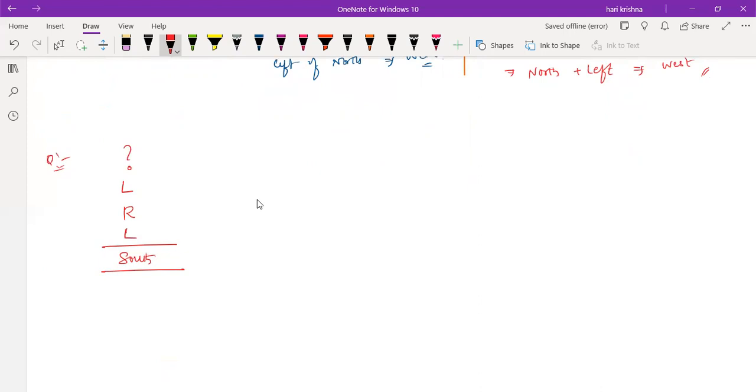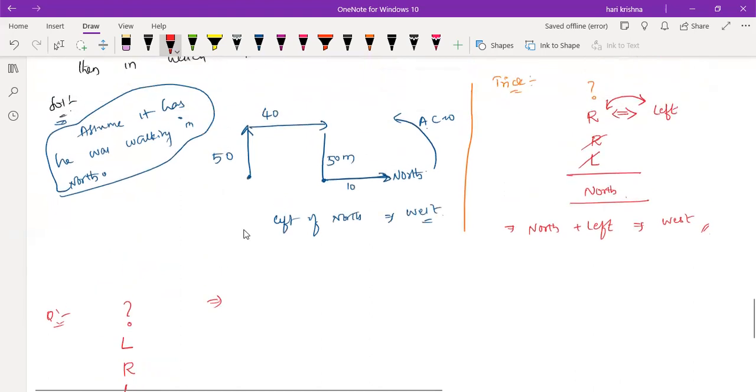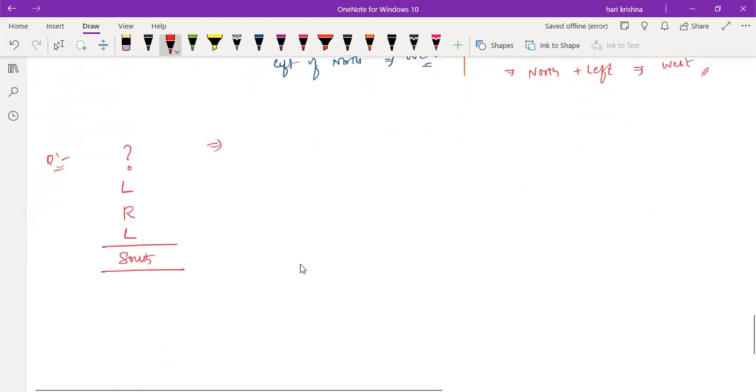The person is walking in some direction in the starting, then after some time he turns to the left and walks 50 meters. Again he turns to right and walks 20 meters. In the last he turns to the left and walks 10 meters. Now he is in the south direction.